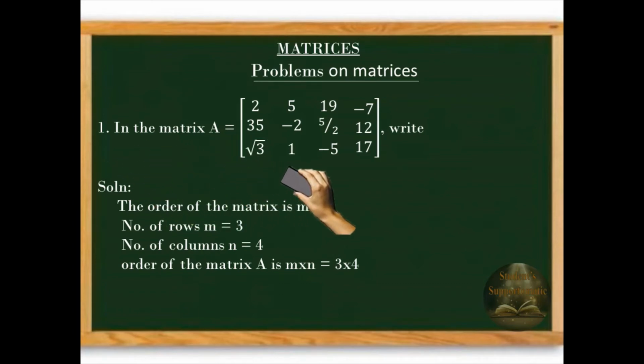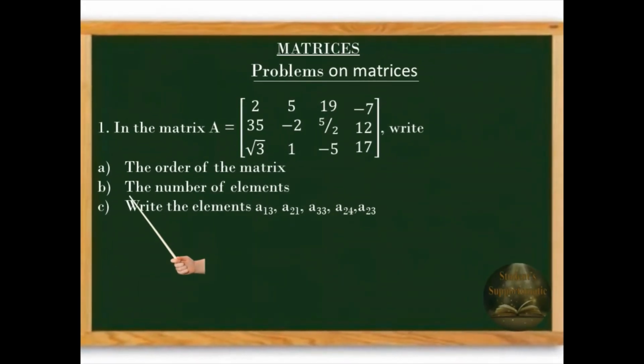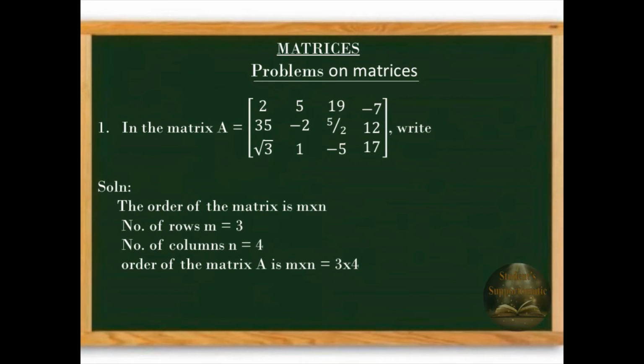So now we'll do the second part, that is the number of elements. The order of the matrix is finished. Now the number of elements in the given matrix. We will just continue the same path to get the number of elements.